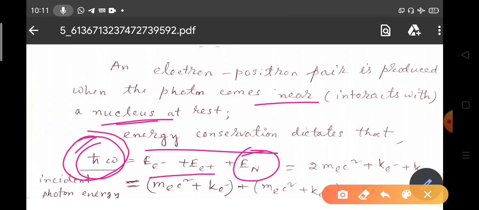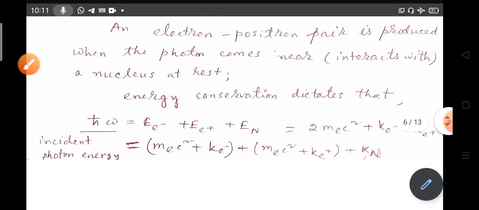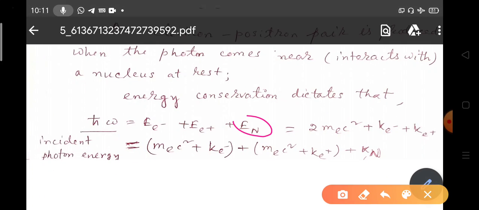Okay, so E minus is the total energy of the electron, E plus is the total energy of the positron, and E_n or K_n is the recoil energy of the nucleus. The total energy of the electron is its rest mass energy plus its kinetic energy. The total energy of the positron is its rest mass energy plus its kinetic energy.